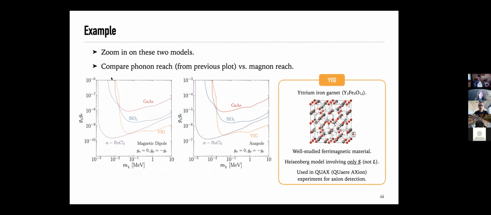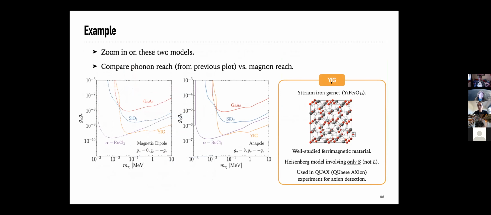In these plots, I'm zooming in on the parameter space relevant for these two models. The red and blue curves are the same as what you saw on the previous slide. Overlaid are the ridge curves from some targets via magnon excitations.